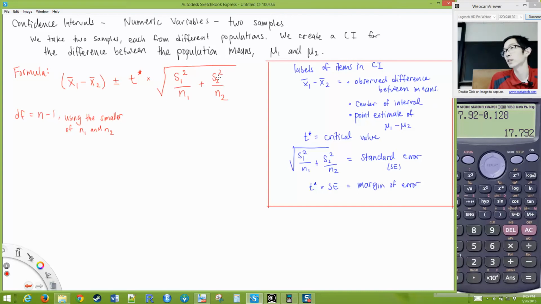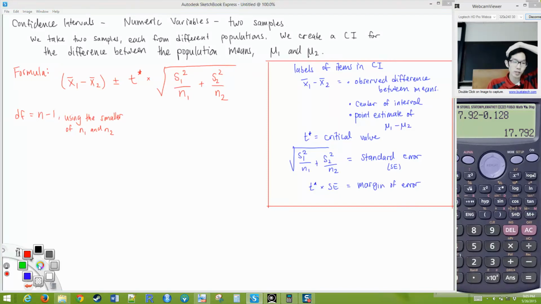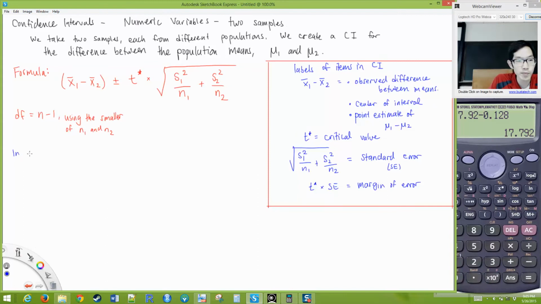Because we have two samples, let me just list off. In the problem, there are 6 pieces of data you need to identify. From sample 1, you need n1, x bar 1, and s1.